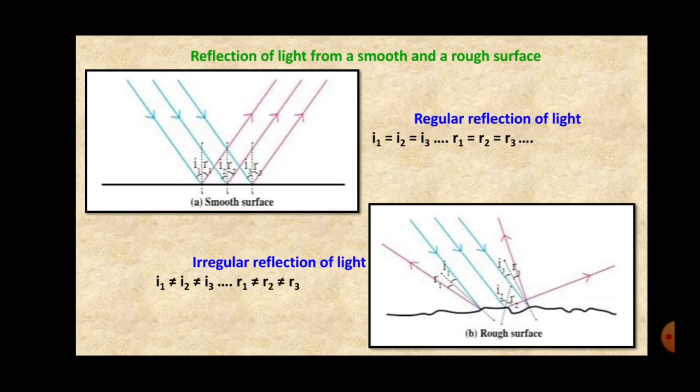Similarly R1 is equal to R2 is equal to R3. But when the light rays are reflected from a rough surface, I1 is not equal to I2, not equal to I3. Similarly, R1 is not equal to R2, not equal to R3. Thus, the reflected rays are not parallel to one another and they spread over a large surface. So, this is all about the regular reflection of light and irregular reflection of light.